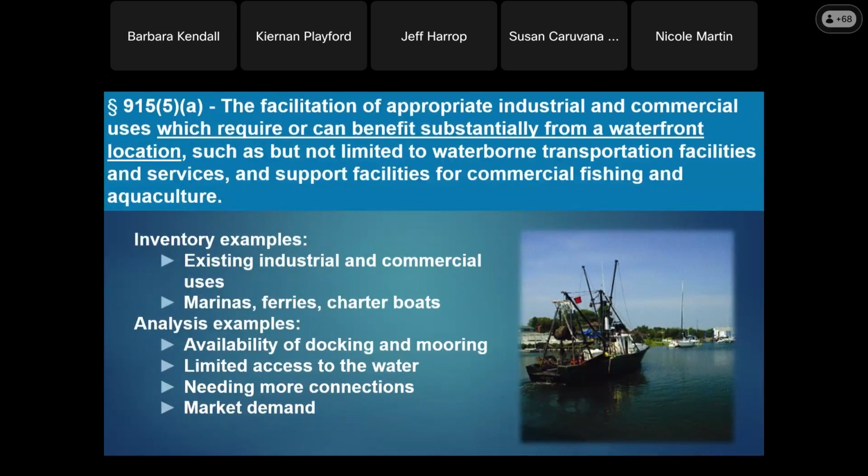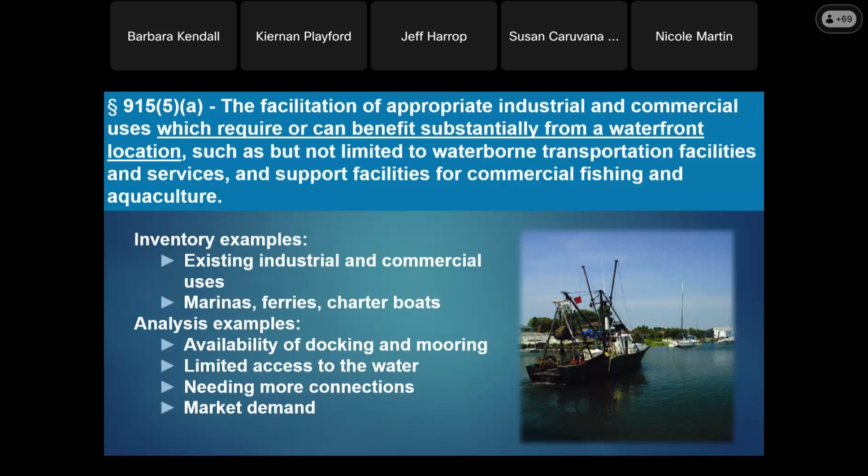Next, 915.5a indicates the facilitation of appropriate industrial and commercial uses which require or can benefit substantially from a waterfront location, such as but not limited to waterborne transportation facilities and services, and support facilities for commercial fishing and aquaculture.